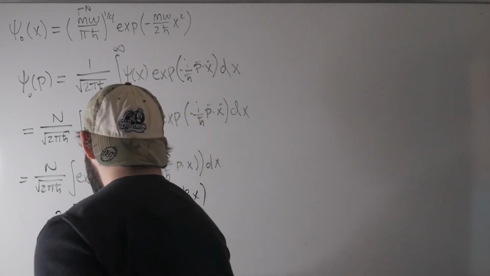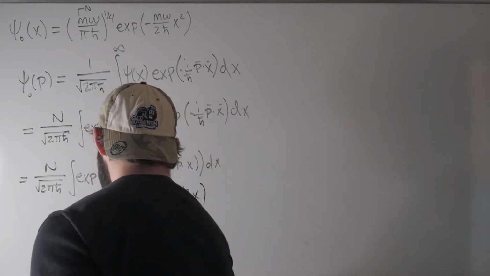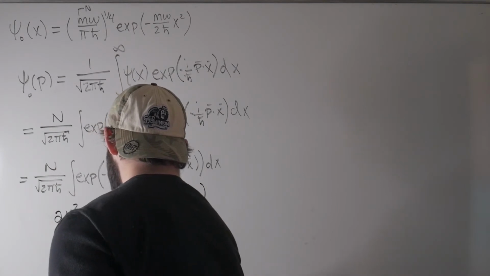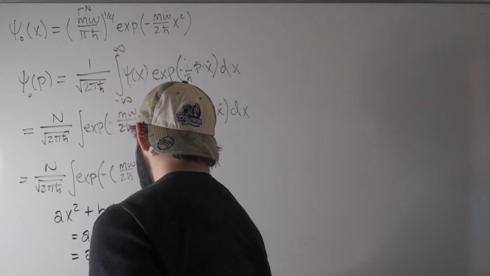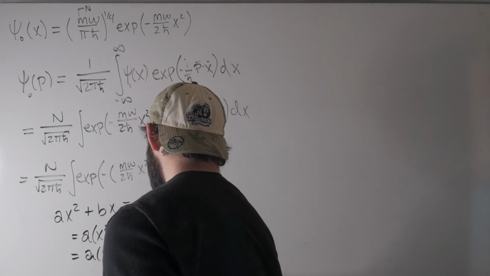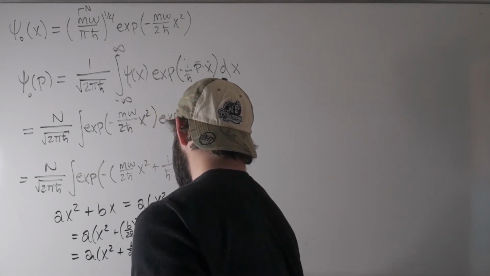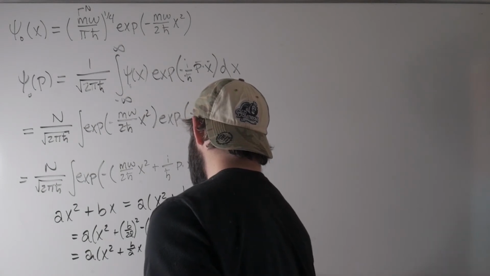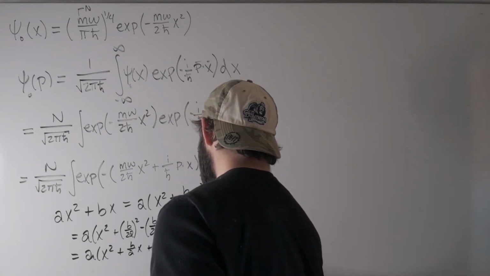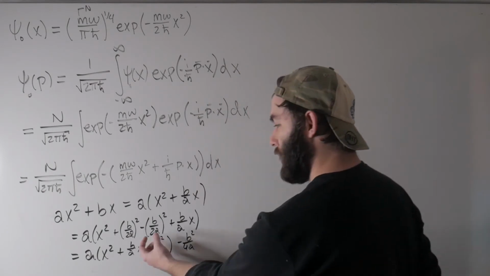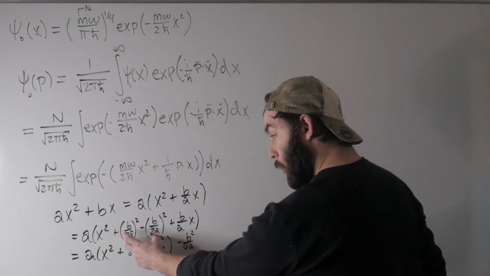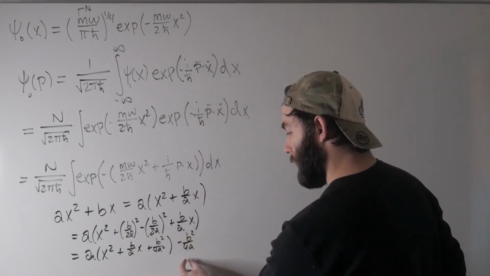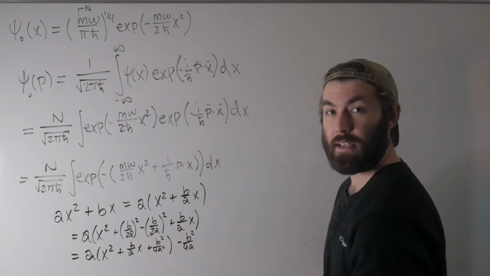So this is equal to a times x squared plus b over a times x plus b squared over 4a squared minus b squared over 4a. So all I've done is I've actually squared these guys explicitly, and I brought the negative one outside.